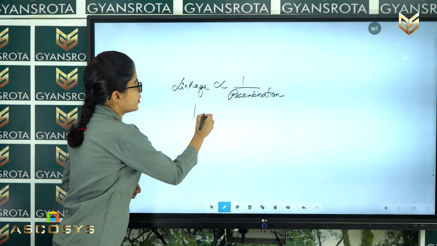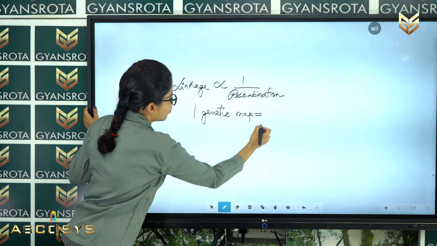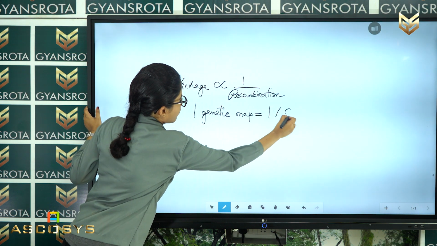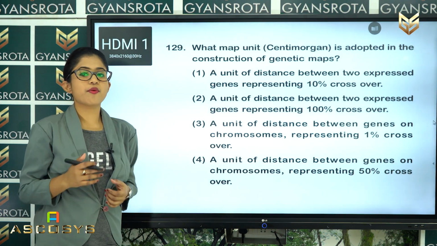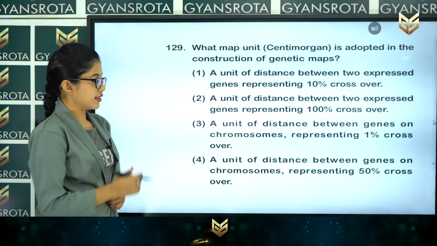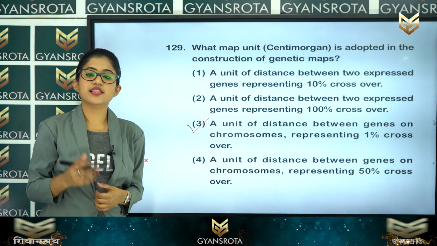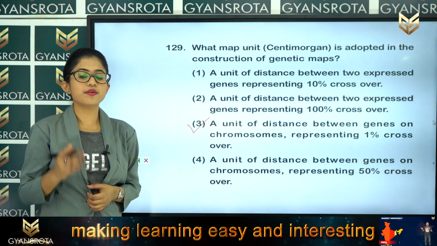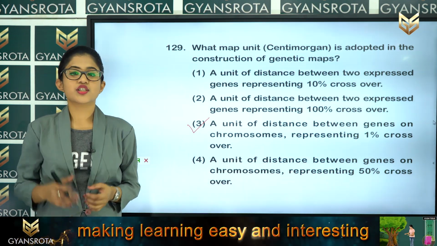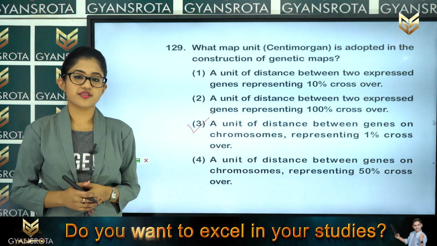So one map unit is equal to 1% of crossover. So which among them is the correct option? That is option number 3. A unit of distance between genes on the chromosome, and it represents 1% of the crossover. So I hope it is very clear with you. Now let's see the next question.